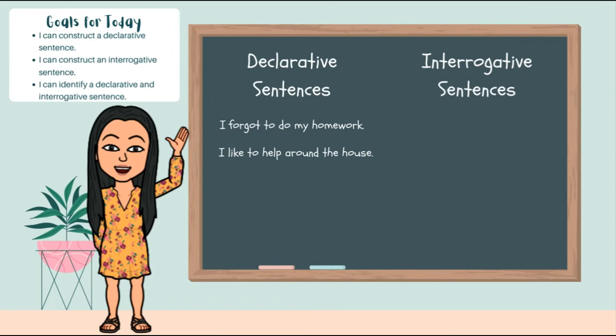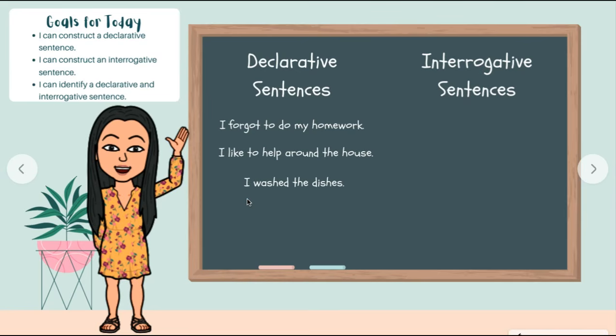It is telling about something, and you can also see, again, the end mark is a period. And the last example of a declarative sentence is, I washed the dishes. Again, this sentence is telling about something, and it ends with a period. If you look at all three sentences, they all begin with a capital letter.